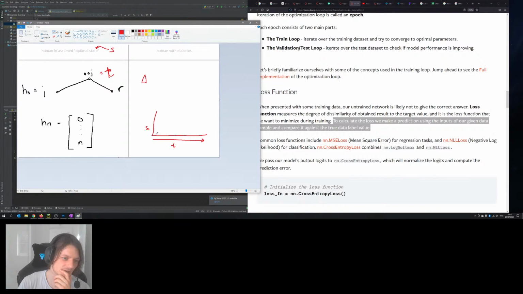So if you've got, I don't know, it takes humans, it's kind of like the time it takes depending on the state. It would have to be a different graph.